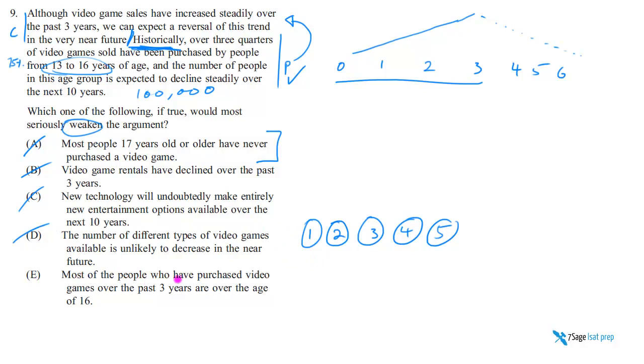E says most of the people who have purchased video games over the past 3 years, that's this. See, think about this. What happened in the past 3 years? We had a rise in our sales. So they're saying most of the people who purchased, so of this entire group, they purchased 100 units in year 0 and they purchased 300 units in year 3. So they're saying of the people in this group, most of them are actually 23-year-olds.